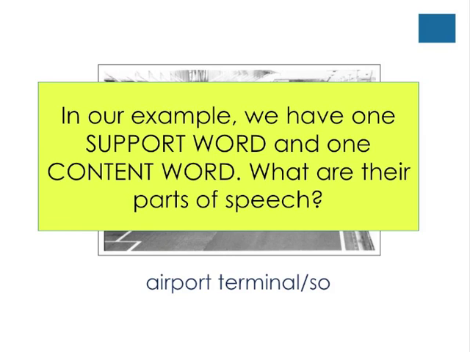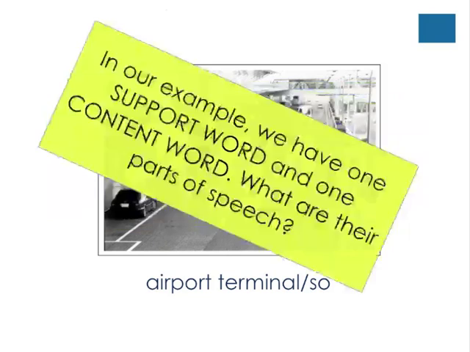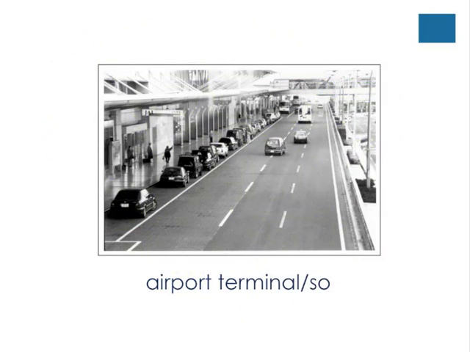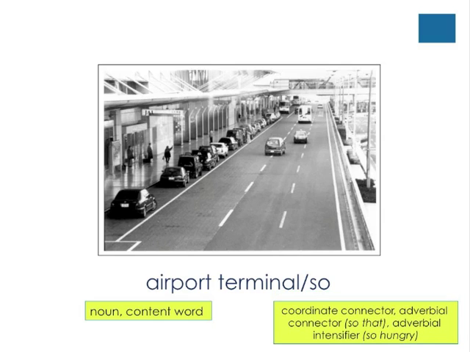So first off, which one is the support word and which one is the content word? Well, airport terminal in this case would be considered the content word. It's a noun. So, on the other hand, would be most likely considered the support word. Now notice, though, it has different meanings and different uses. You could use it, of course, as a coordinate connector. That's a fairly common one. And, but, or so are examples of coordinate connectors.